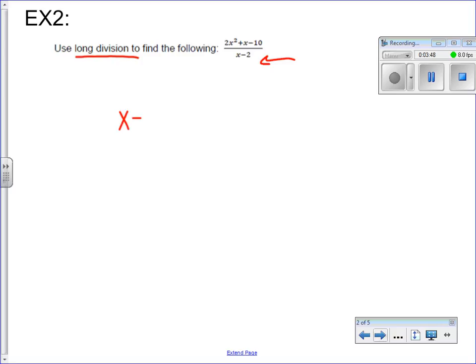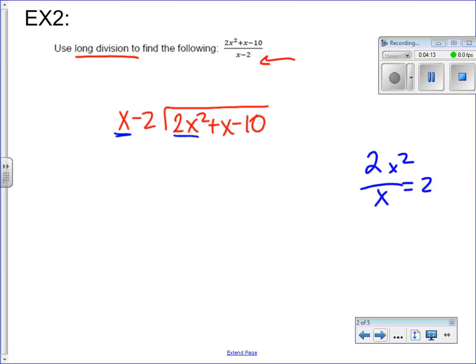So here's the thing I'm dividing by. So that's going to go on the outside. And then the quadratic's going to go underneath. And now I'm always going to start with the first term here, so the x in this case. How many times does x go into 2x squared? So you can think of it like this.